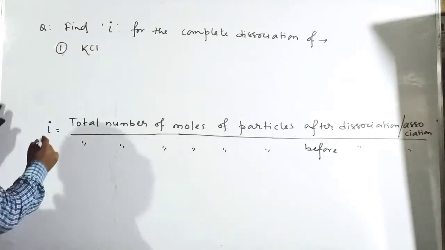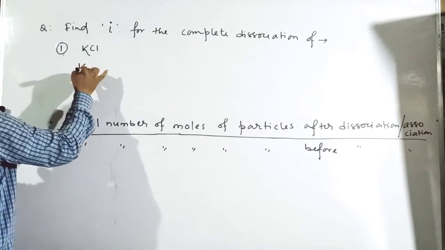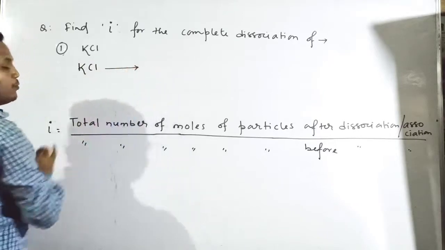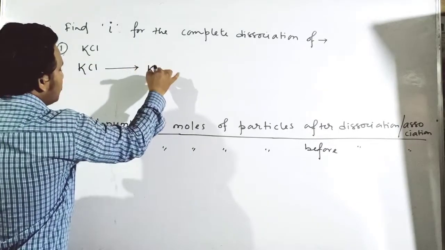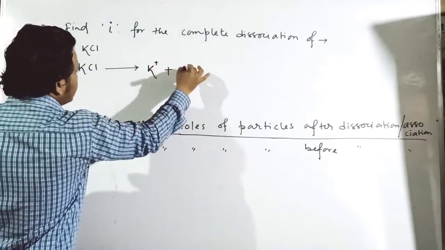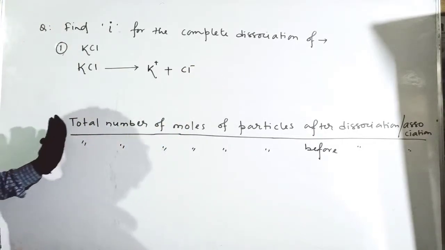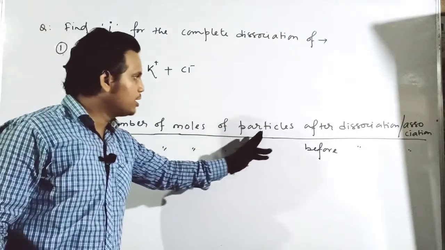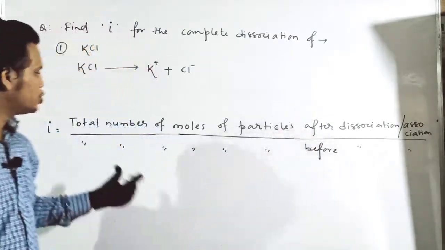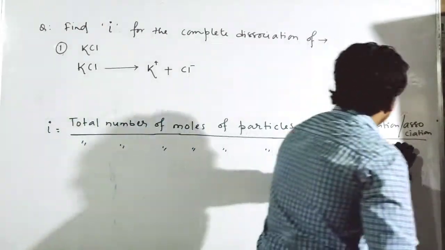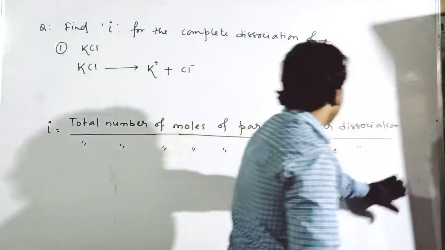If we break KCl, it will break into K positive ion and Cl negative ion. What is the formula of i? Total number of moles of particles after dissociation by before dissociation. Cancel association from here.